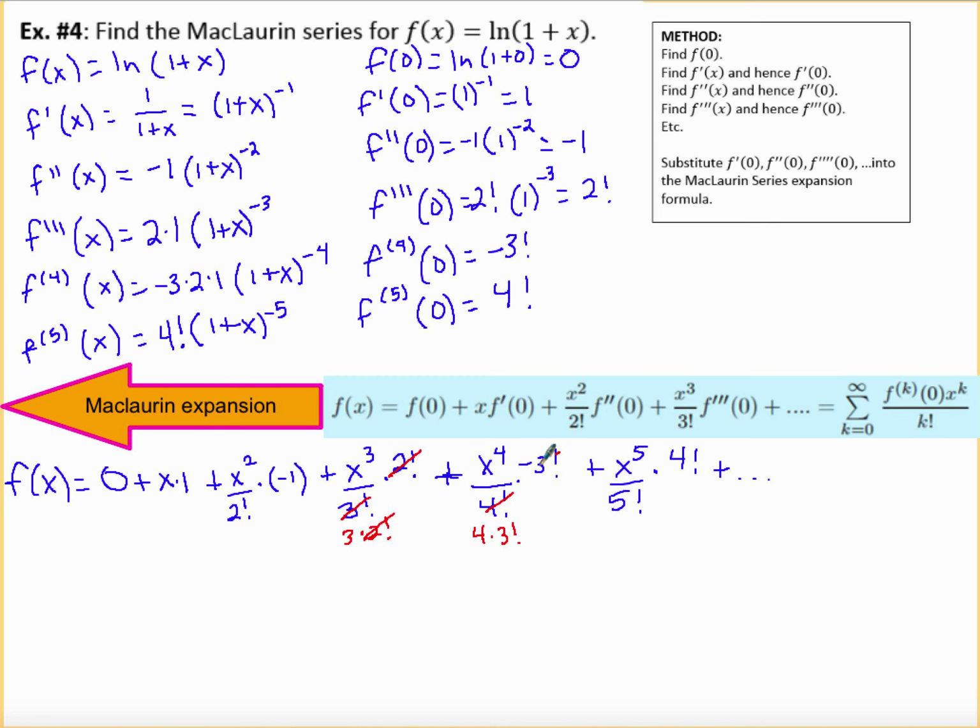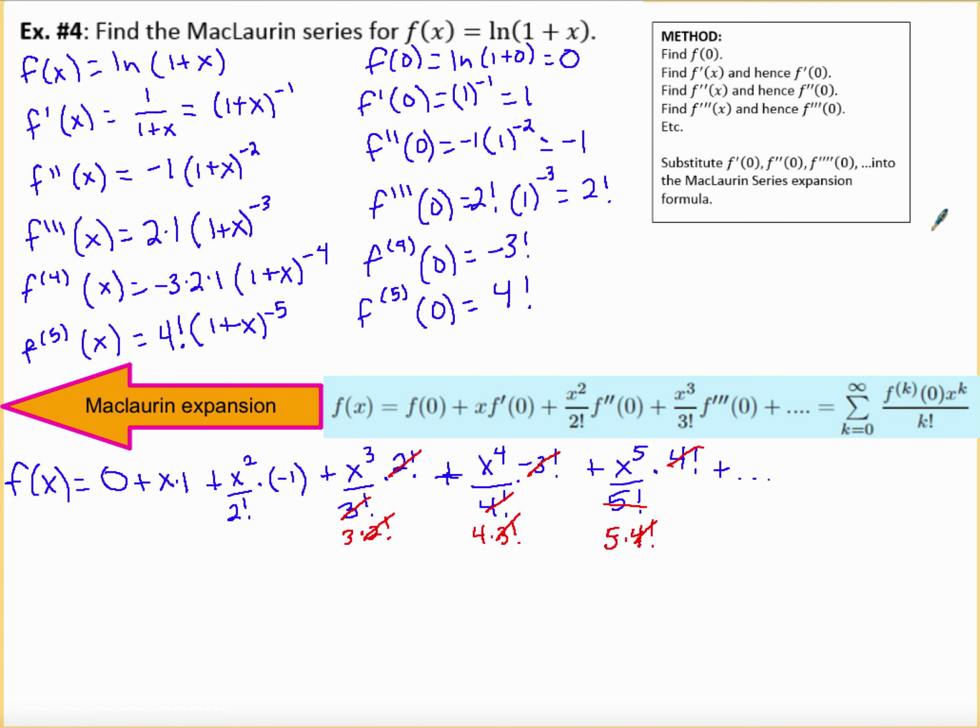And then this 3 factorial cancels out that 3 factorial. And don't forget, it's still getting multiplied by a negative, all right? 5 factorial is 5 times 4 factorial. And our 4 factorials reduce because any number divided by itself is 1.